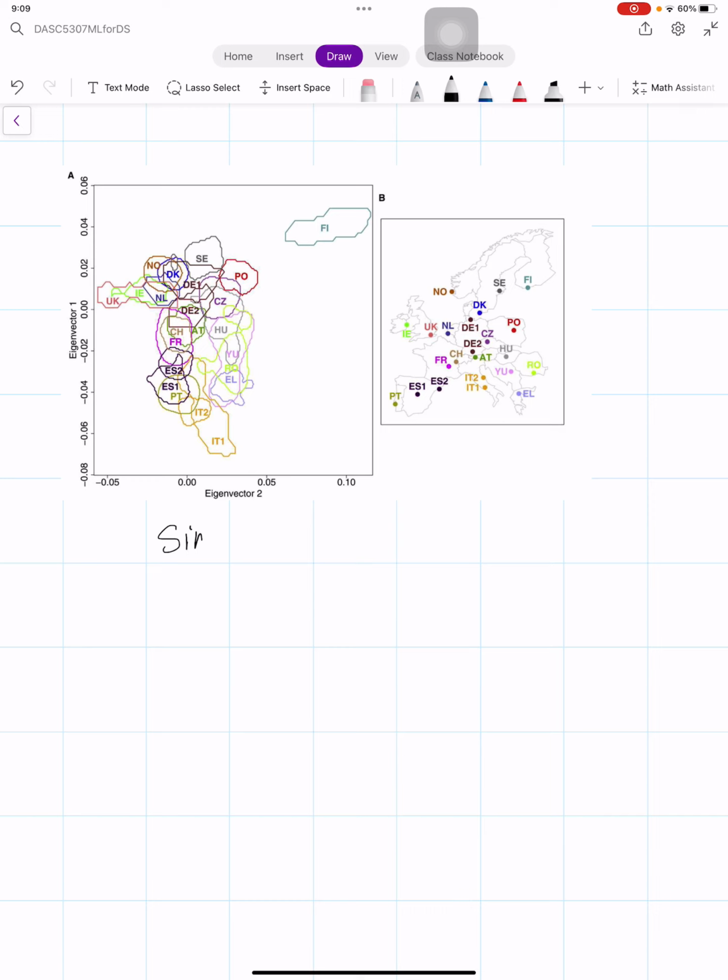It's called single nucleotide polymorphism data. Okay.